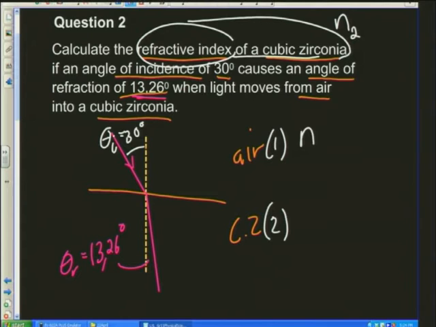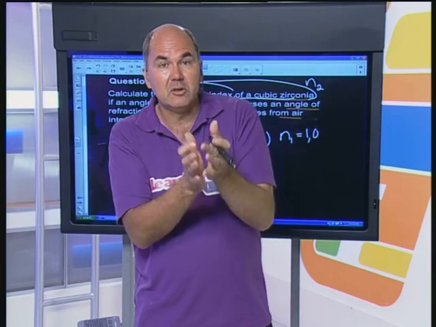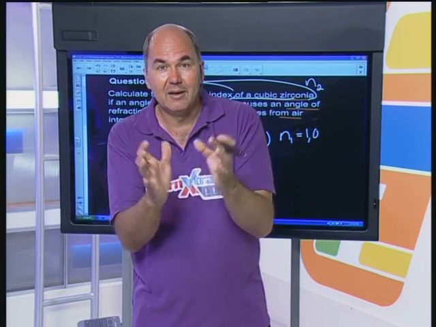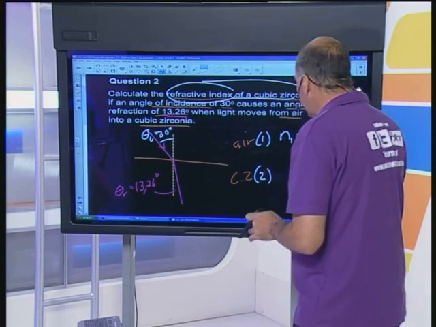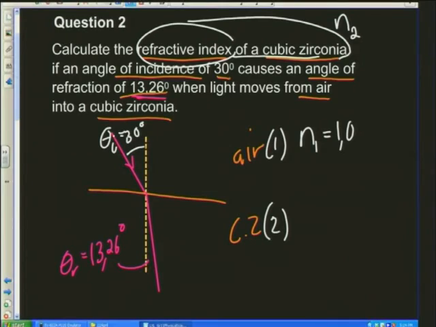We know what n1 is. n1 is 1,0, because in air the speed of light is close to c. We know it's 1. Refractive index of air, if you're not sure, you need to learn that. Remember it.